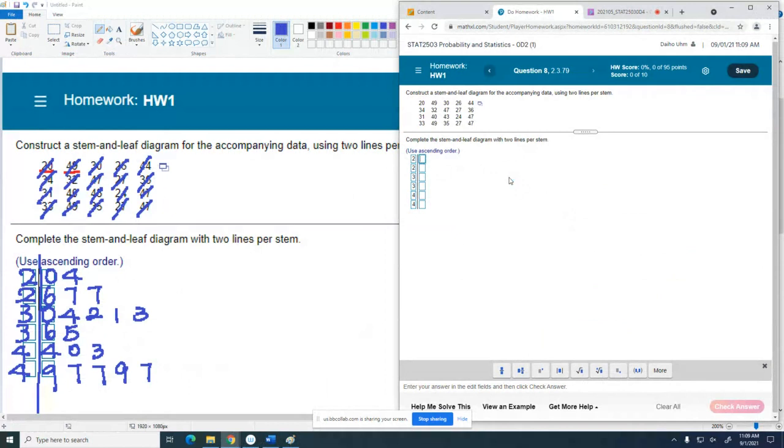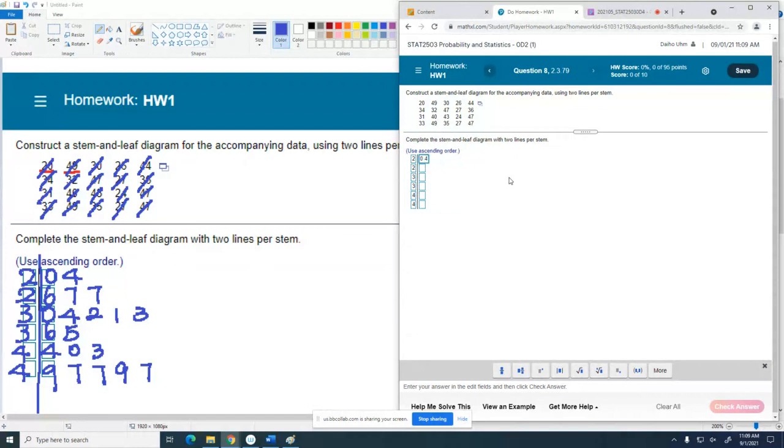So when you are doing the homework, please prepare a clean sheet of paper and try to make the same leaves as me. But when you copy onto the computer, you put the leaves in order. Okay. So now I have a 0, space, and 4.